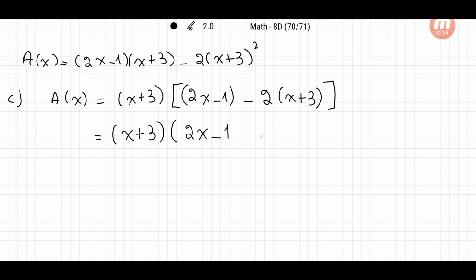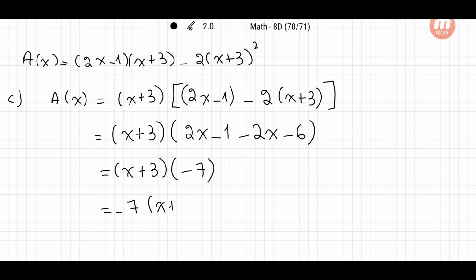Expand inside the brackets: x plus 3, 2x minus 2x is 0, minus 6 minus 1 is minus 7. So it is equal to minus 7 (x plus 3).